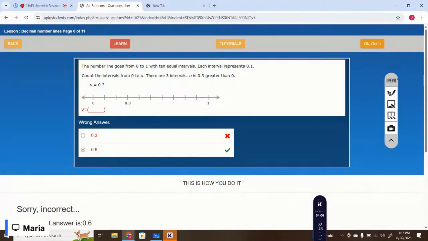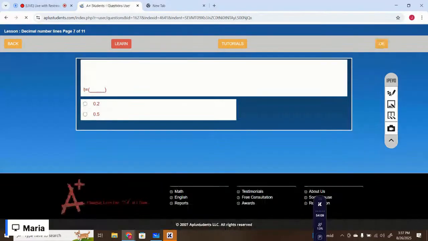Where is 0.6? Find the value of t. That is 0.2. Option number 1 is the correct option.